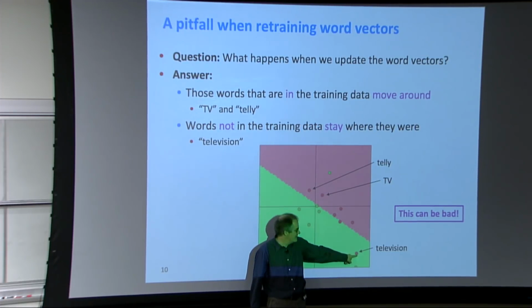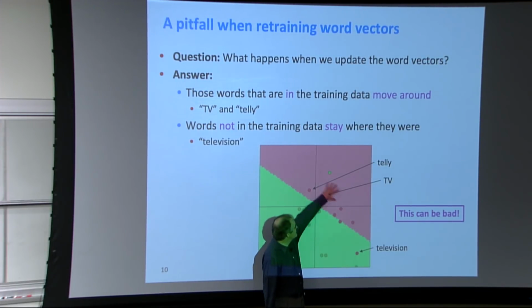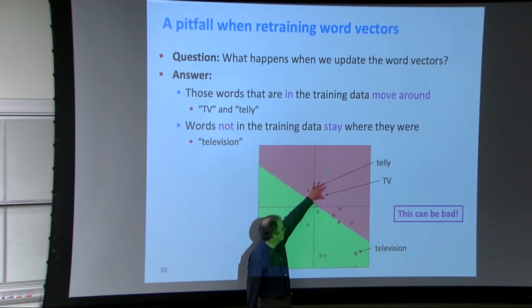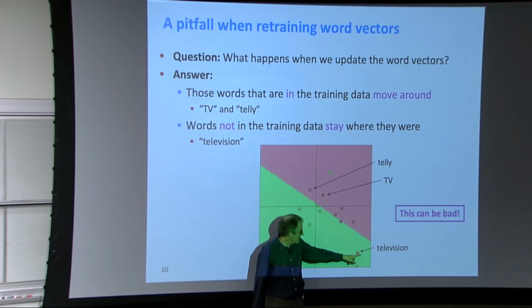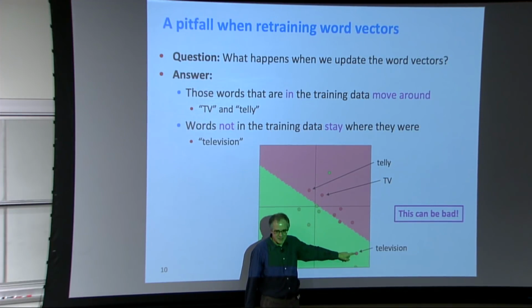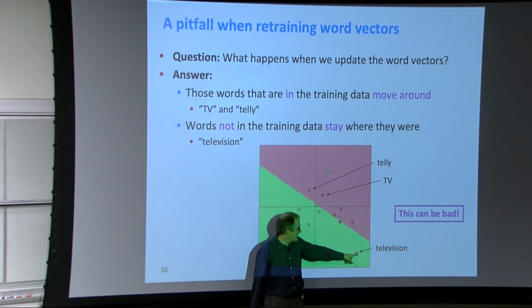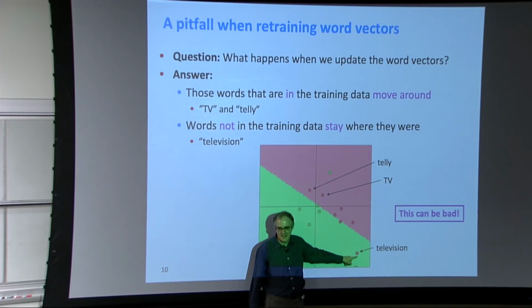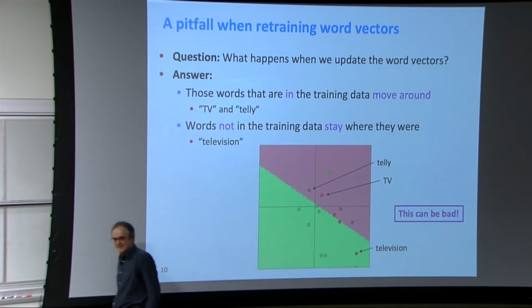So this word goes nowhere; it just stays where it was all along. So if the result of our training is that words get moved around, so that here are good words for indicating negative sentiment, then at test time, if we evaluate on a sentence with television in it, it's actually going to give the wrong answer.